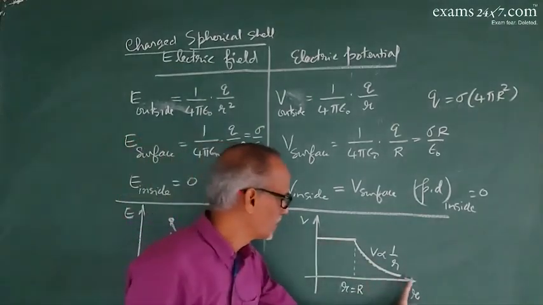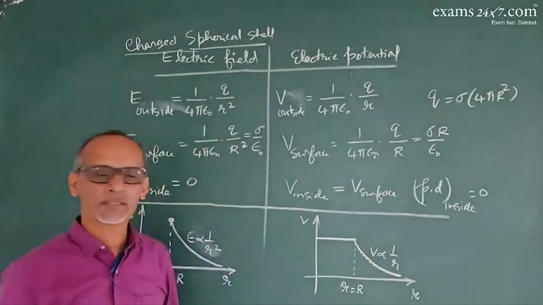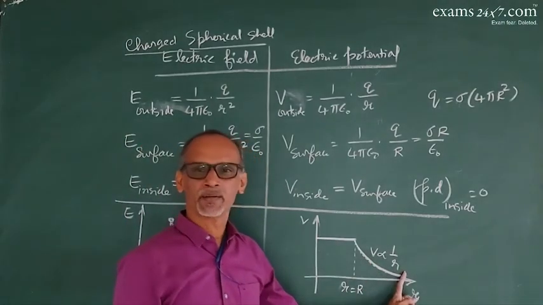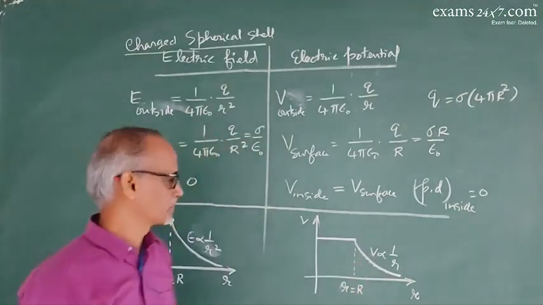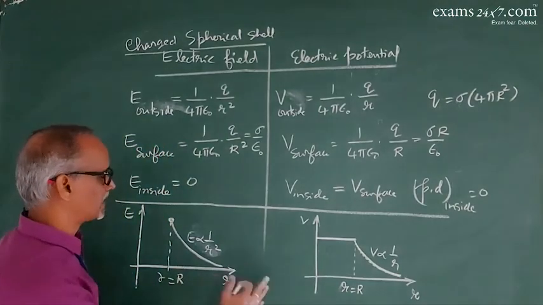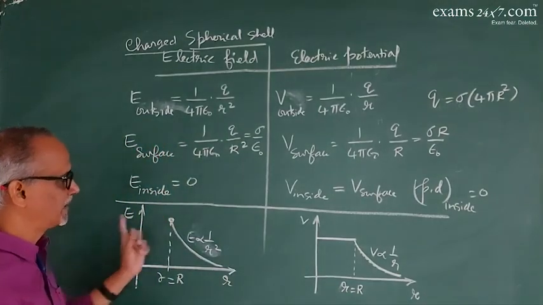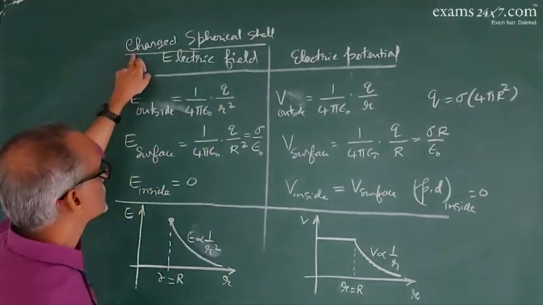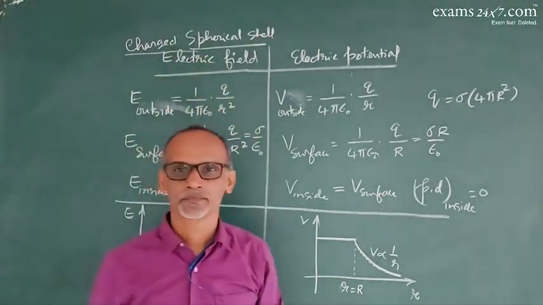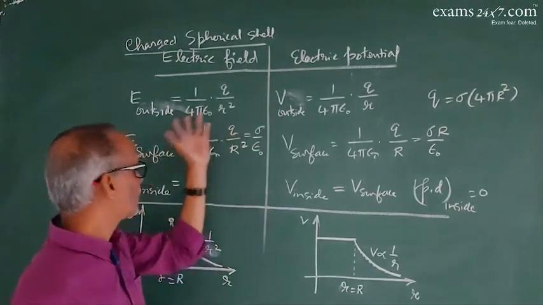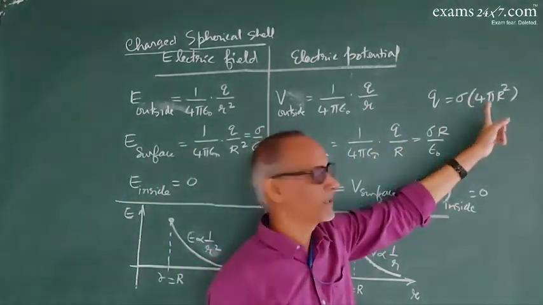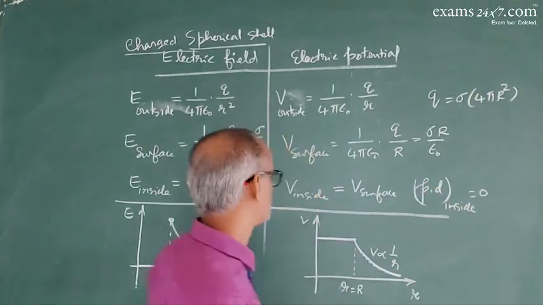So this is how the potential decreases with respect to the distance. And again, only at infinity the potential becomes 0. So these are the graphs that show the variation of electric field and electric potential in case of a charged spherical shell. And in all the equations, Q can be replaced as sigma into 4 pi R square.